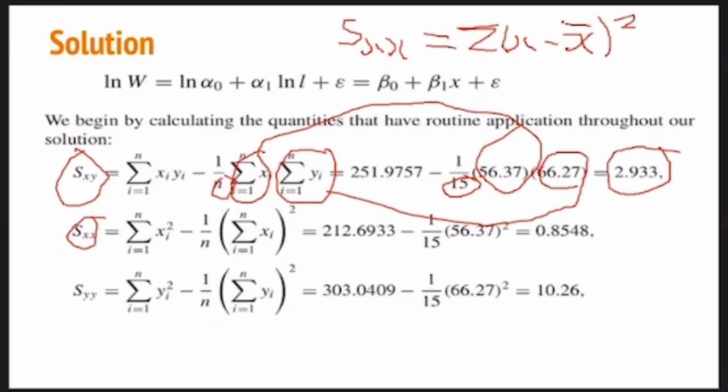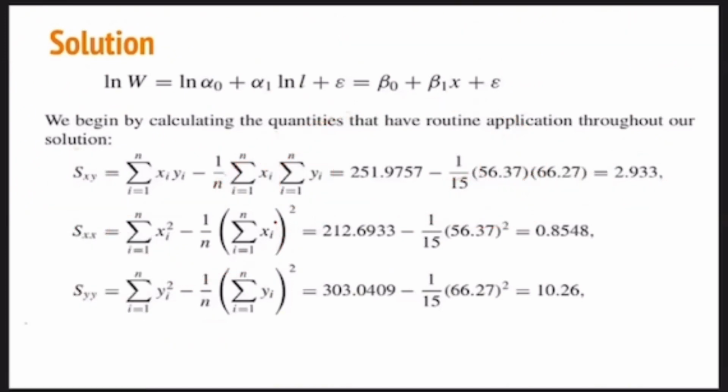When I expand this, it is the same as the summation of x squared minus 1 over n times the summation of x, all squared. How am I going to get the summation of x squared? If you take a look at this here, of course, this is easy to get. When you have the sum of x, you square the value. But what about this one? You need to come back here.